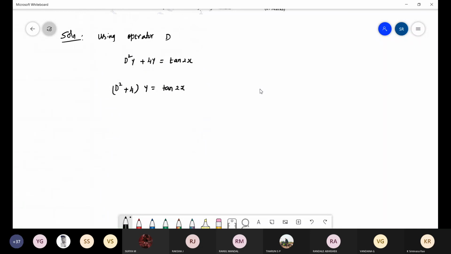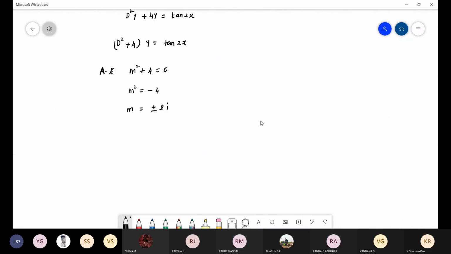Auxiliary equation: m squared plus 4 equals 0. So m squared equals minus 4 and m equals plus or minus 2i, because the negative sign is there, it should be complex.